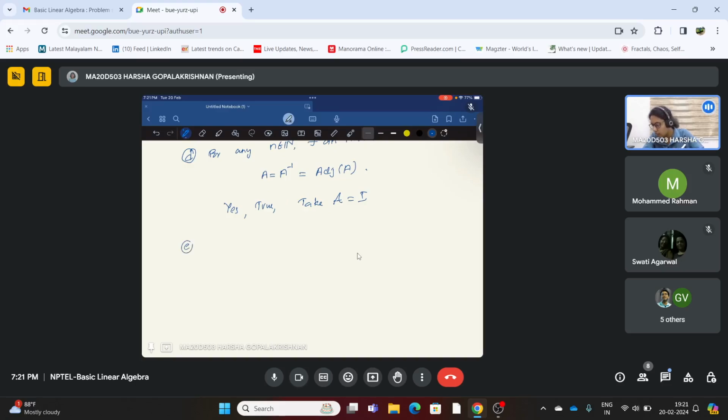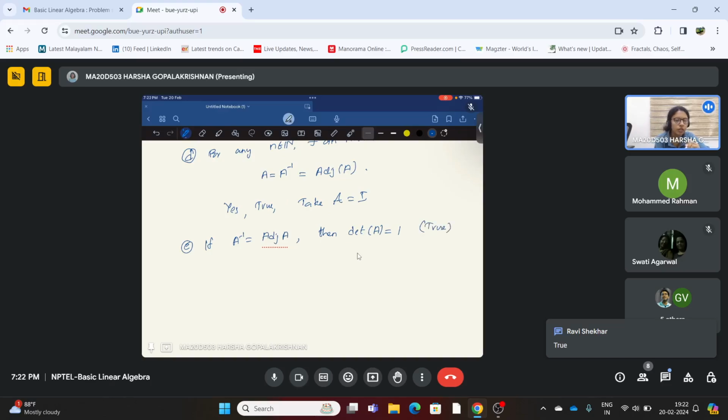Okay, next is: if A inverse equals adjoint of A, then determinant of A equals 1. Again, true. Someone has answered it is true. Can anyone give an explanation for that?